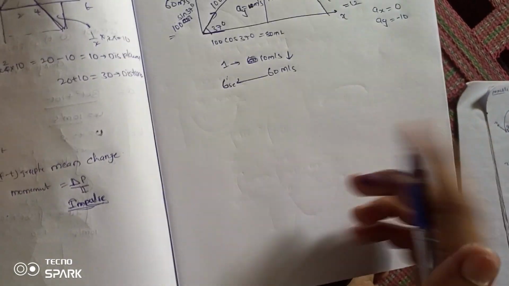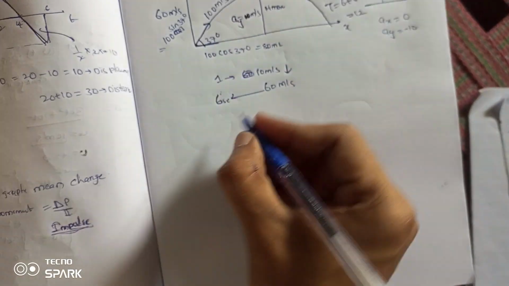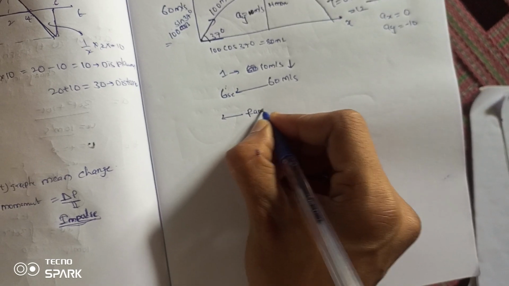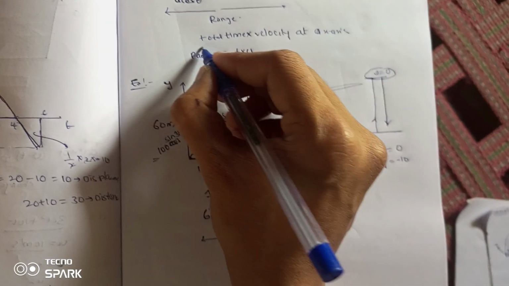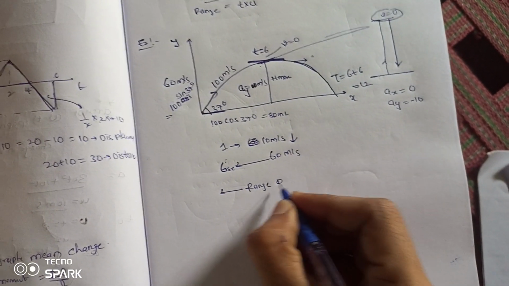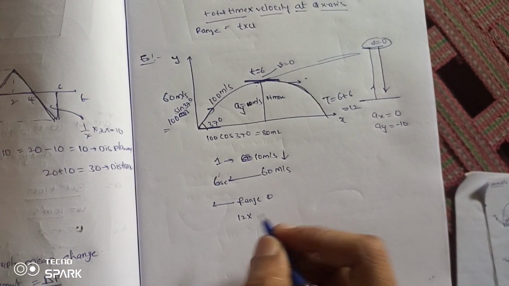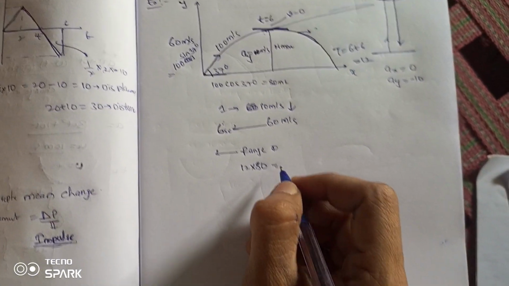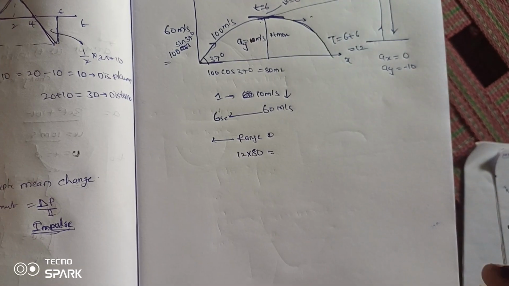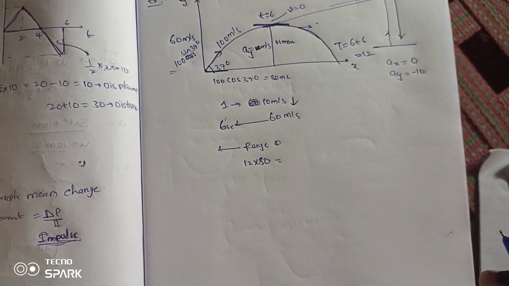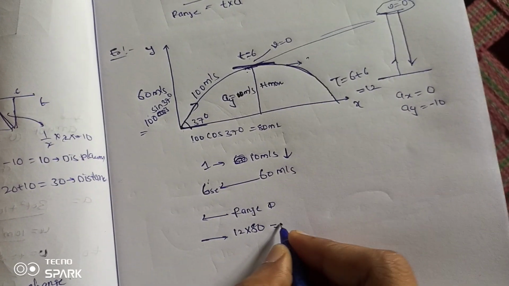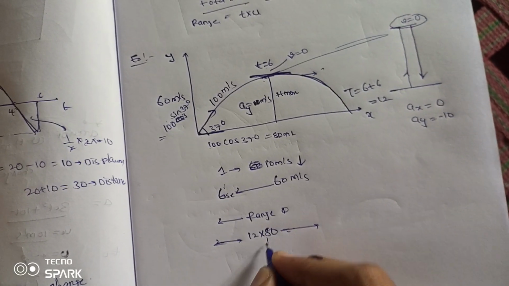Now we are finding the range. Total time into velocity in the x-axis: total time is 12, velocity in the x-axis is 80, 12 into 80. I am writing it directly. It is the range.